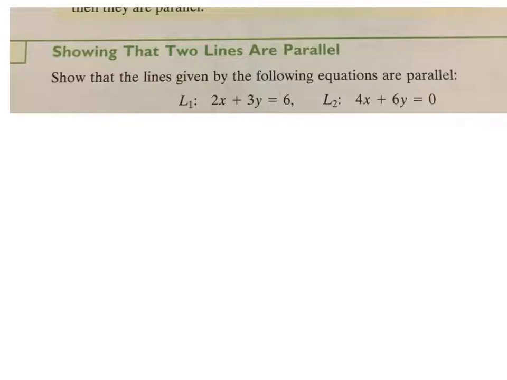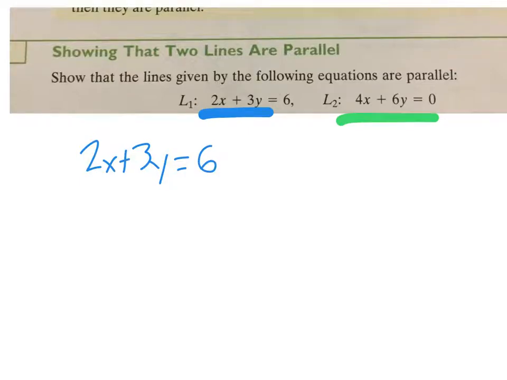So how could I prove that these 2 lines are parallel? Find the slope. Very good. And the best way to find the slope is to put both lines in slope-intercept form. I'm going to start with line 1 here, which is 2x plus 3y equals 6. Putting that in slope-intercept form means I'm going to get the y by itself.